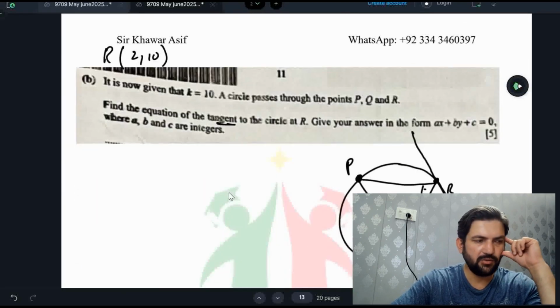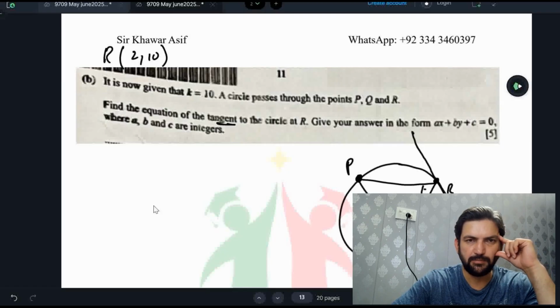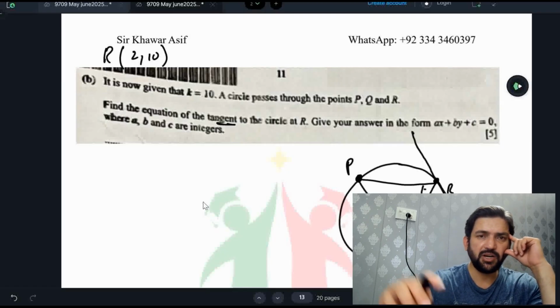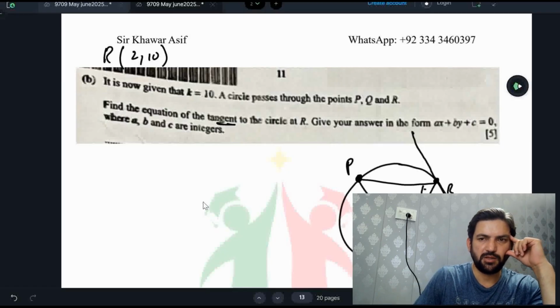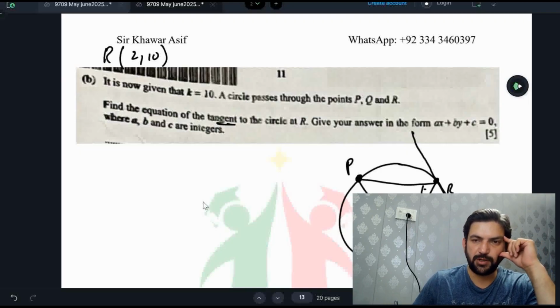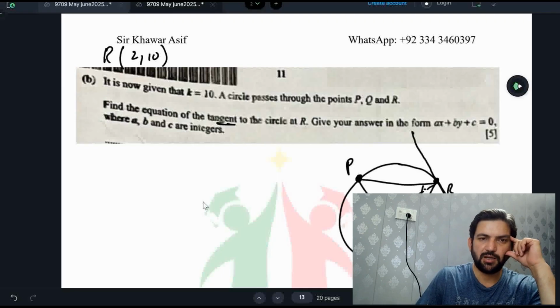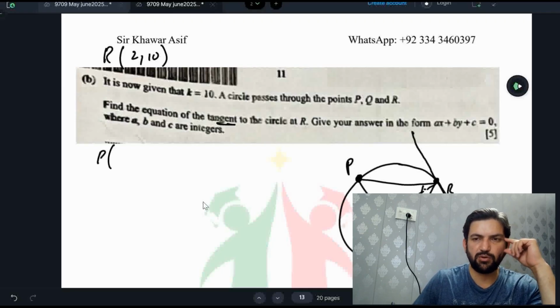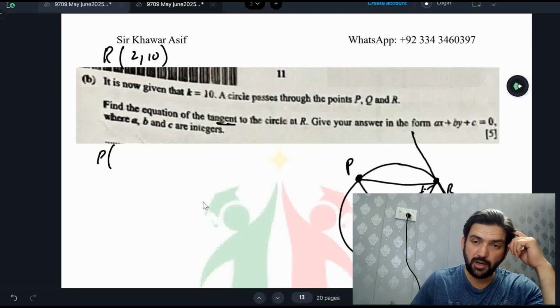For that we have to see the gradient of CR, since this one is the midpoint. We know the coordinates of R, but we have to find out the coordinates of C.